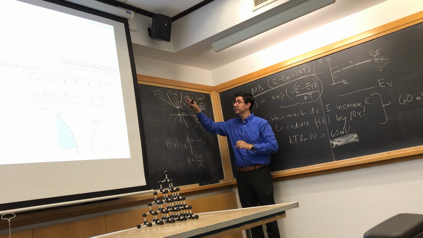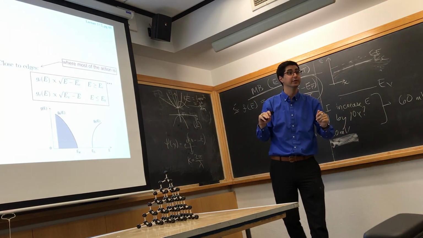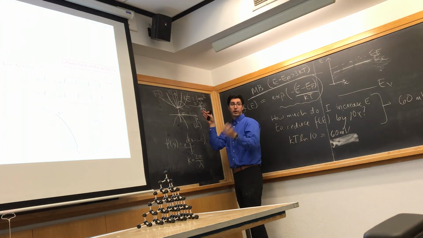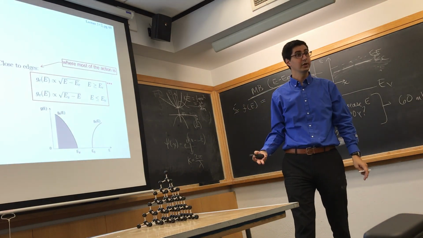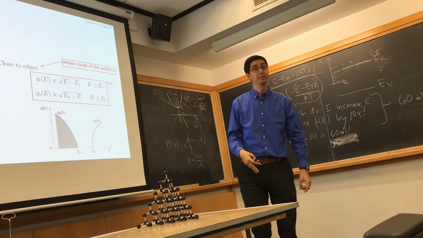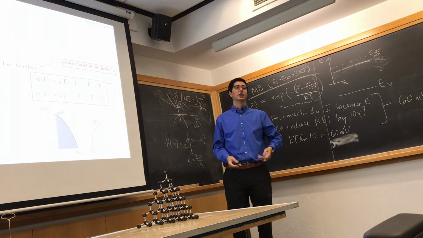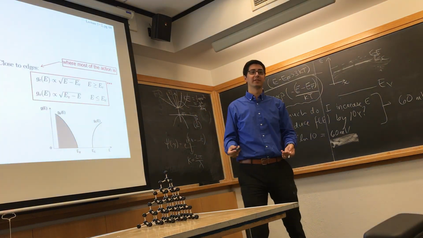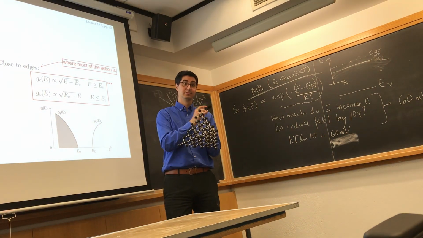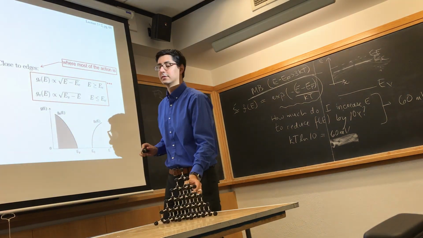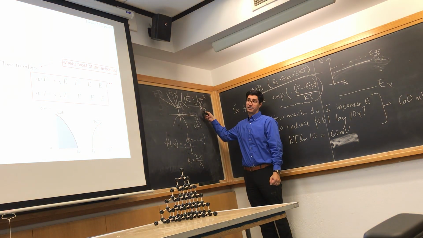Yeah, the smaller m is, the steeper the curve is. The larger m is, the flatter. My effective mass can be larger than the free electron mass, and it can be smaller. It can be much smaller, like 1/100th of the free electron mass. It can be twice the free electron mass. And guess what? It depends on the crystal direction that I'm traveling through. So this is the effective mass.